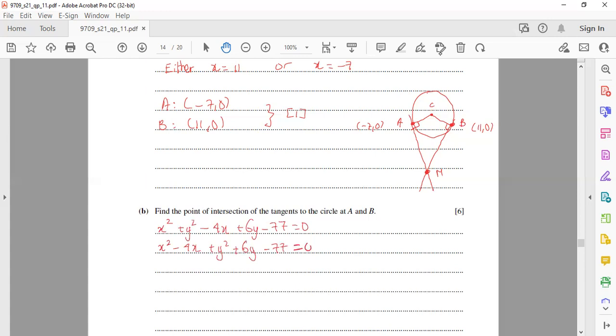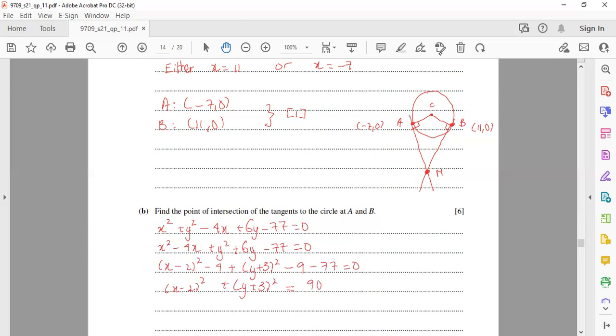Let's complete the square for x. Let's complete the square for y. So I will have x minus 2 to the square minus 4. This is for 4x. For y, so plus y plus 3 to the square minus 9 minus 77 is equal to 0. So x minus 2 to the square plus y plus 3 to the square is equal to 77 plus 9 plus 4, which gives me 90.